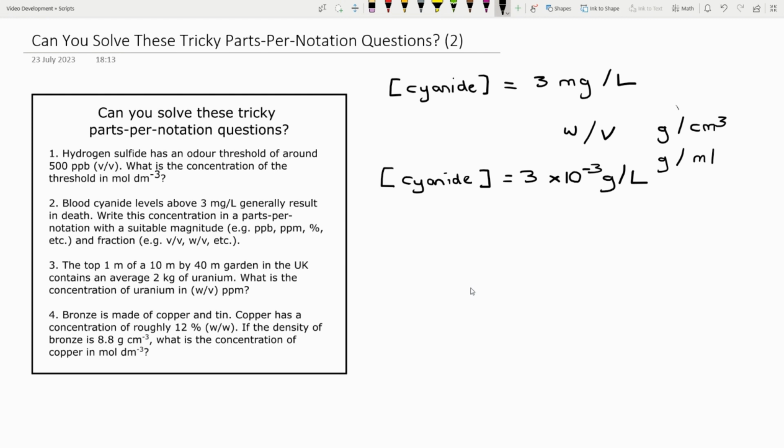Because there's 1,000 milliliters in a litre, we're going to have 1,000 times fewer grams in a milliliter than a litre. So again, we need to divide by 1,000, and this turns the number in standard form from 3 times 10 to the minus 3 to 3 times 10 to the minus 6 grams per milliliter.